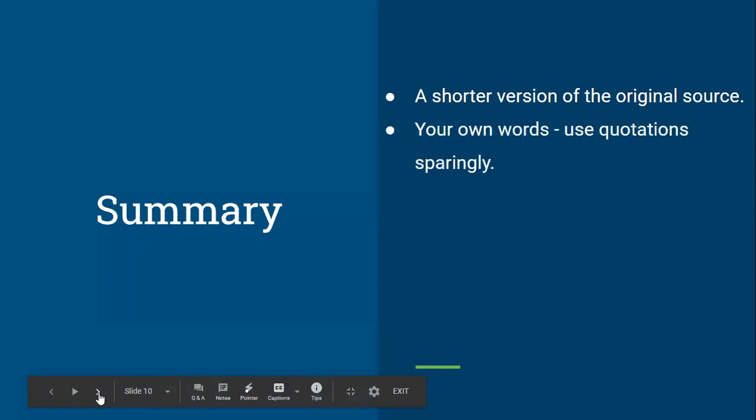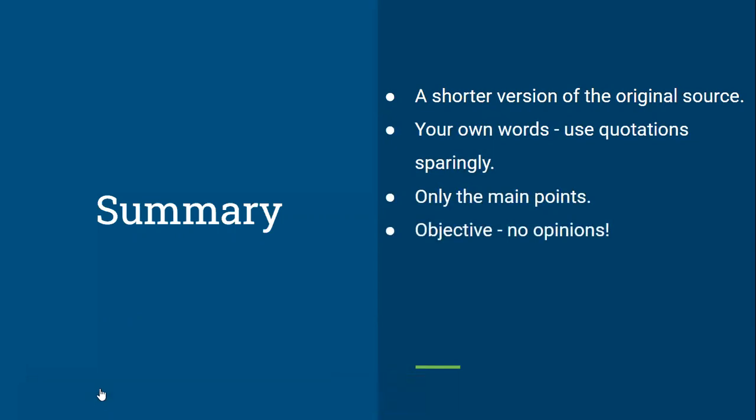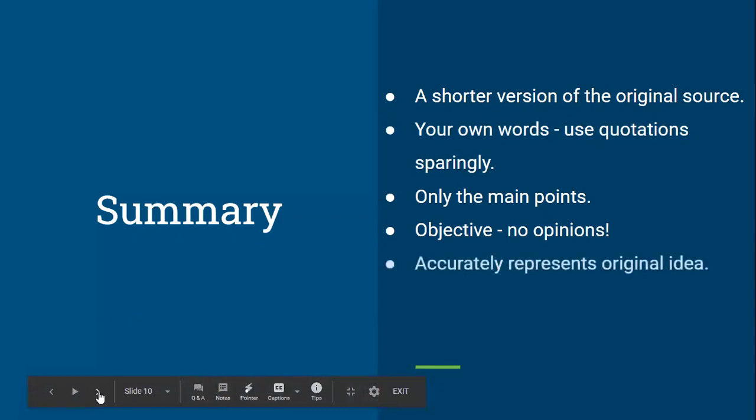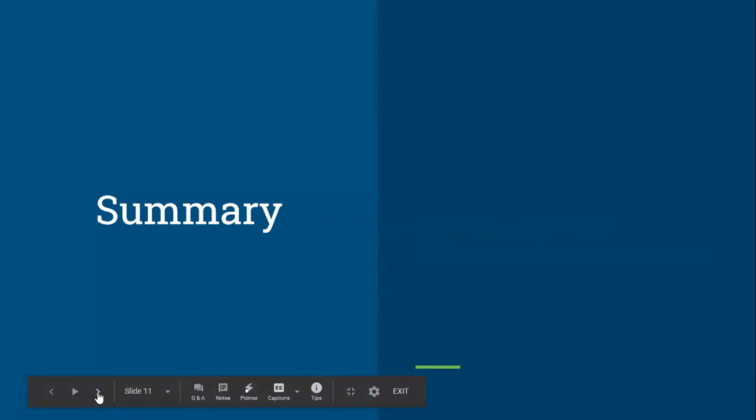So it's going to be in your own words. Use quotation sparingly, only the main points. A summary should be objective. You don't want to put words in the author's mouth. No opinions of your own. Make sure it accurately represents the original idea, and you still do have to cite it, even if it's a summary.